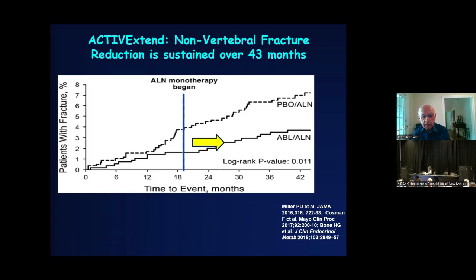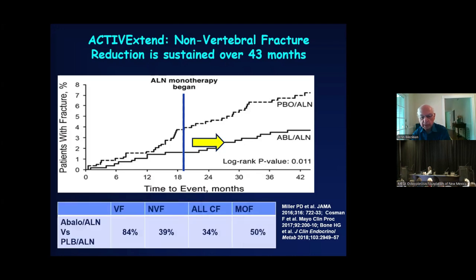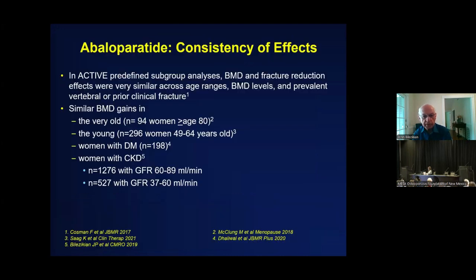Non-vertebral fractures after 18 months were also clearly different in the group that got abaloparatide initially. In summary, with abaloparatide going to alendronate or placebo going to alendronate, there are major differences favoring abaloparatide in terms of vertebral fractures, non-vertebral fractures, all clinical fractures, and major osteoporotic fractures.